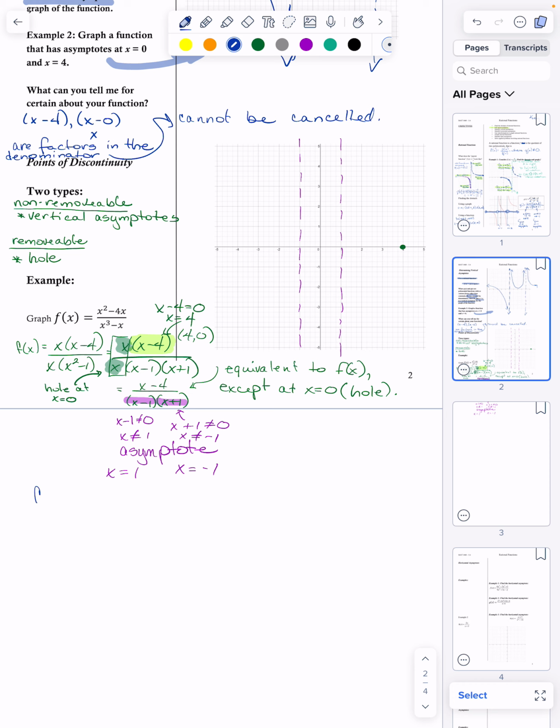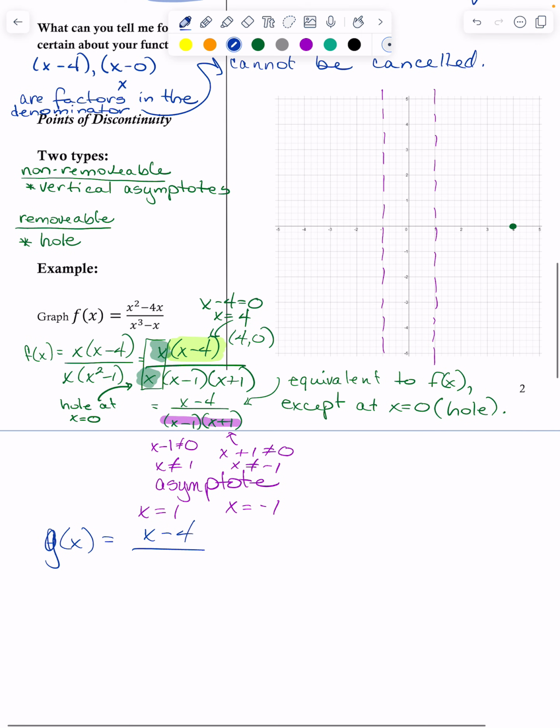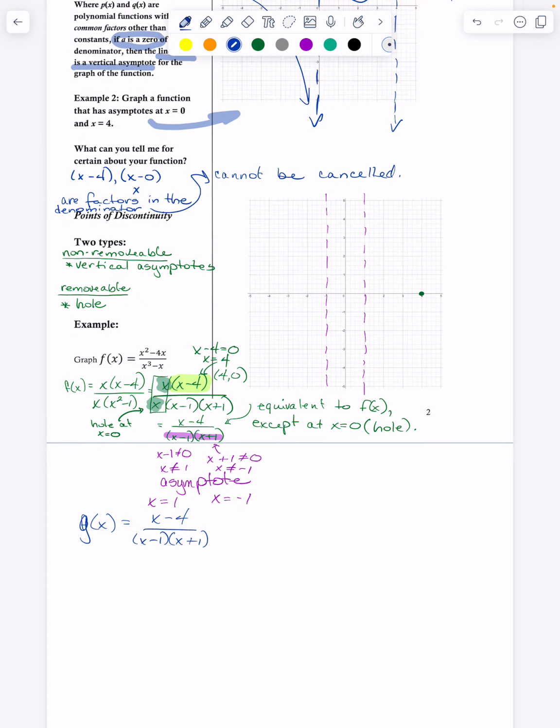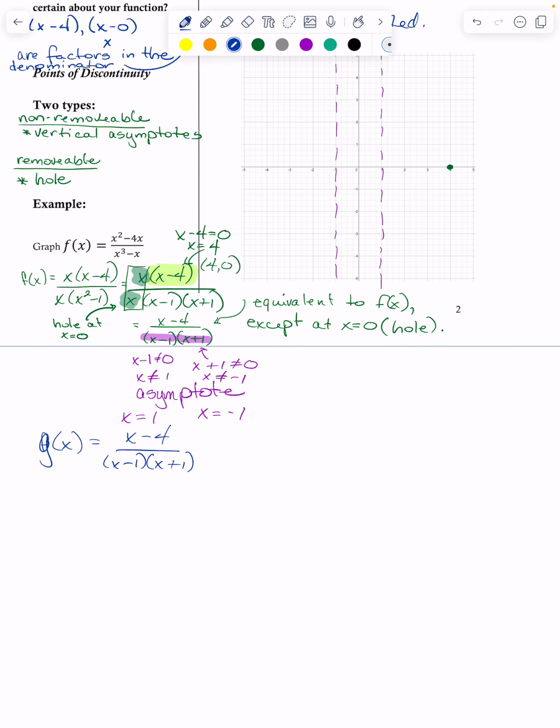So here's my equivalent graph, f of x. Let's call it g. And I can use this to plug values in and figure out what my graph looks like. So that's all I'm going to do.